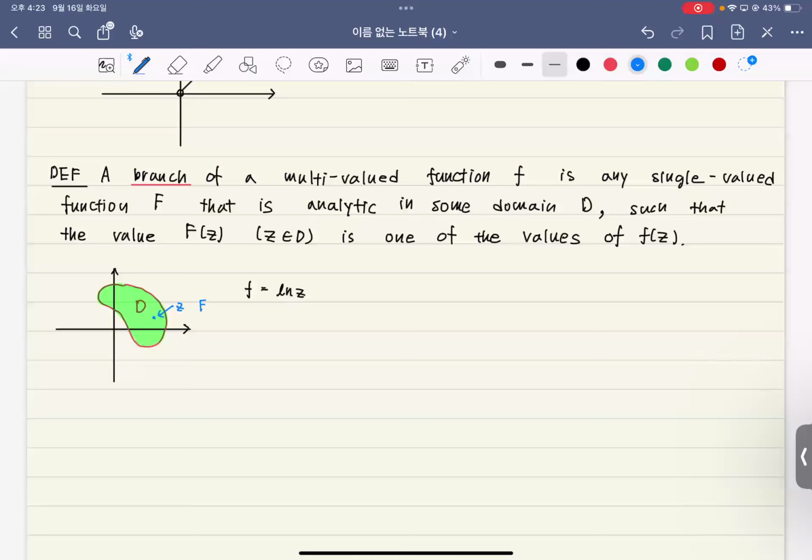Suppose that I have chosen my function value, large f of z, to be one of the function values of this multi-valued function, natural log of z, right?